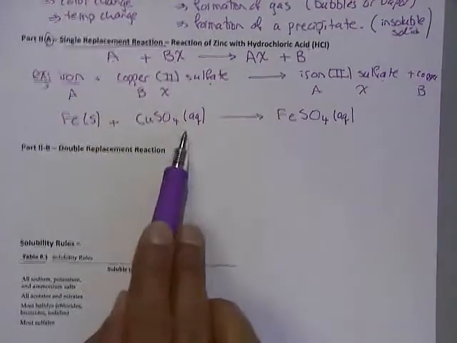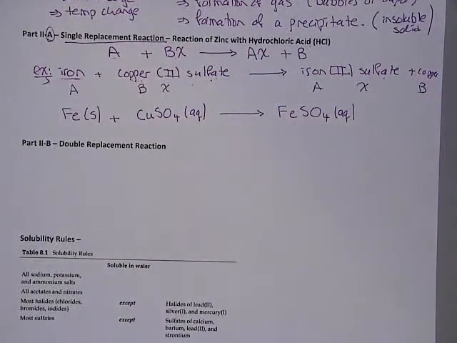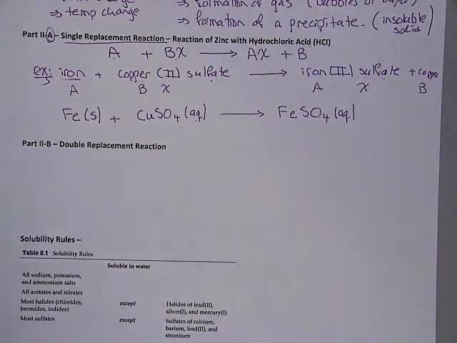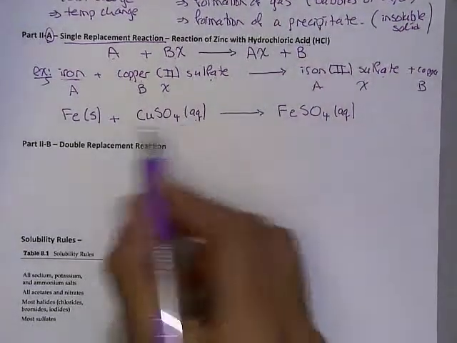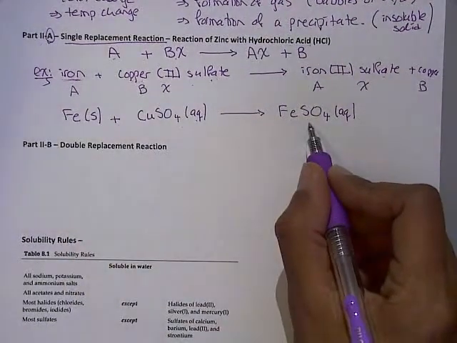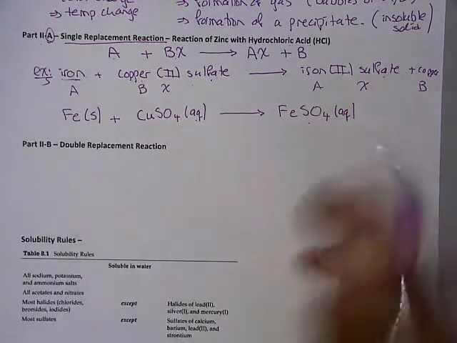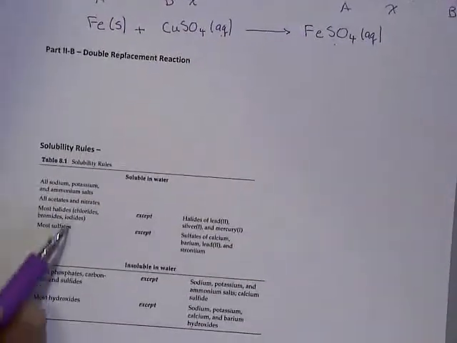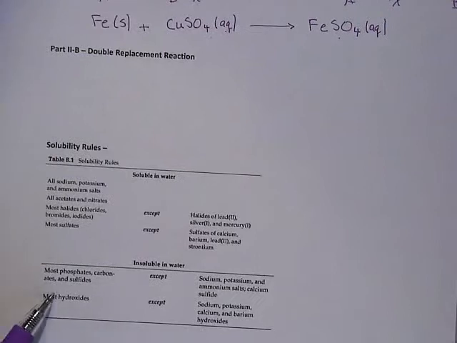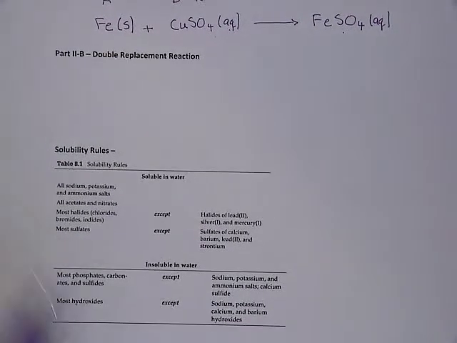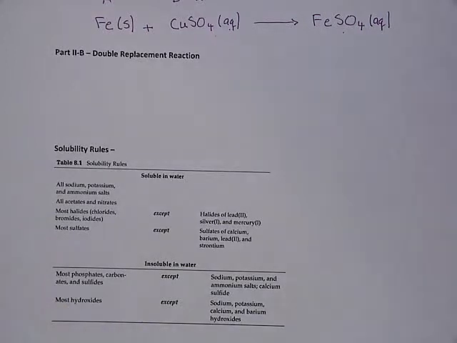I only know my phases when I actually make observations in labs. So the reason I know copper sulfate is aqueous, because it's a transparent solution. When I react it with iron metal, I get an also transparent solution, which I know it's iron sulfate. I also can use my solubility rules, which you actually have to bring with you to lab for the pre-lab lecture worksheet portion instead of bringing your textbook.